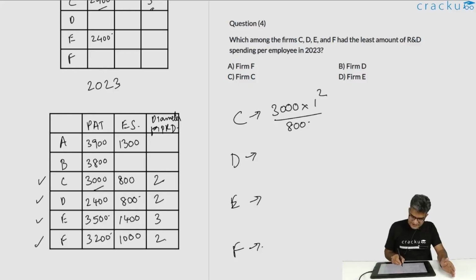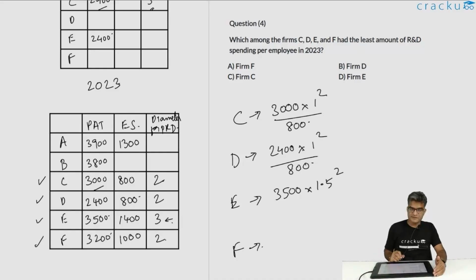For D, it is PAT 2400 into diameter again 2 units, so radius will be 1 unit, so again 1 square divided by 800. For E, it is 3500, which is the PAT, into diameter 3 units, so radius is 1.5, 1.5 whole square, divided by 1400. And for F, it is 3200 into, again the diameter is 2, so 1 square divided by 1000.